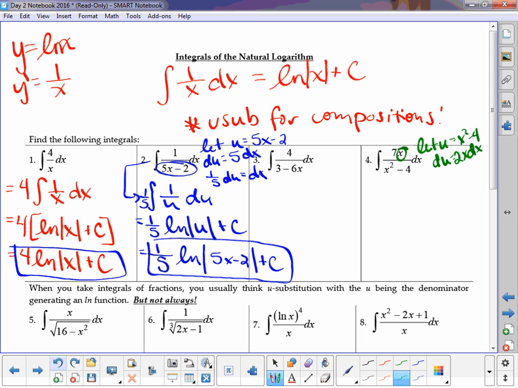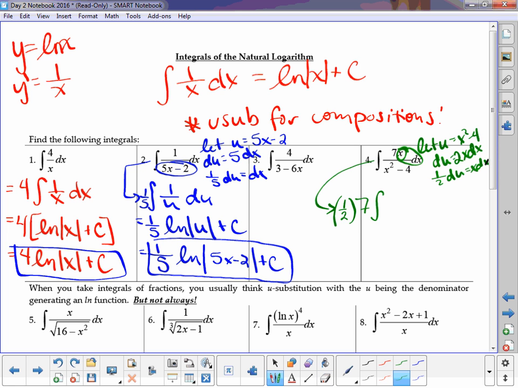Now we do have to deal with our coefficients a bit. I don't have a 2 represented, so I want to divide that on the other side. So 1/2 du is x dx. So we've got this whole piece represented. I don't need that 7 though, so let's pull that out in front. So x dx is just 1/2 du. I'm going to bring that 1/2 in front to make it easier to work with.